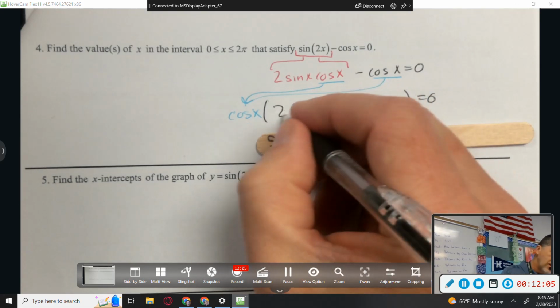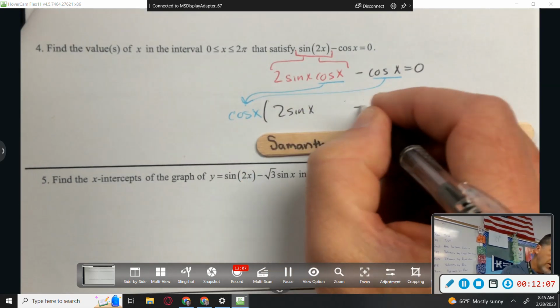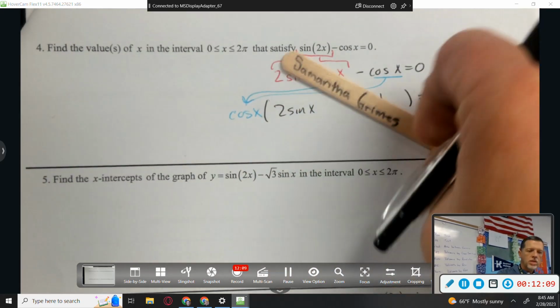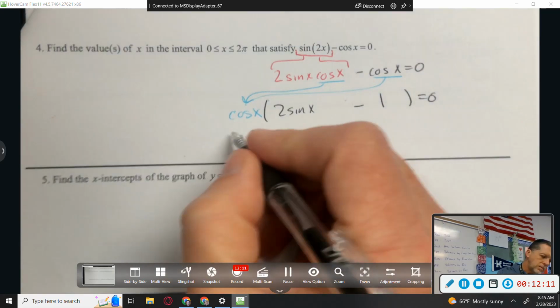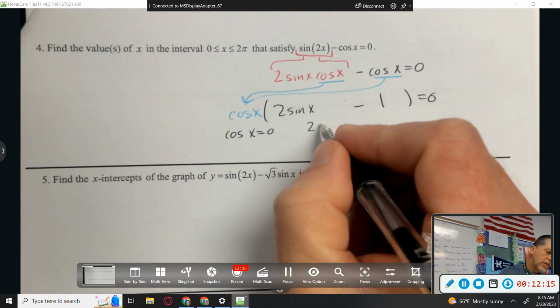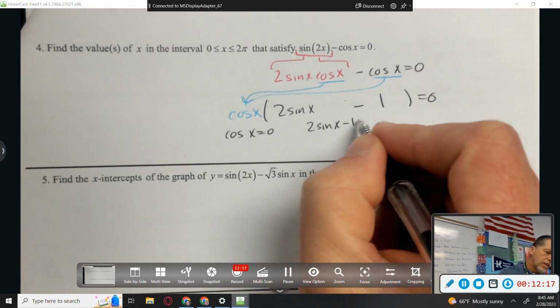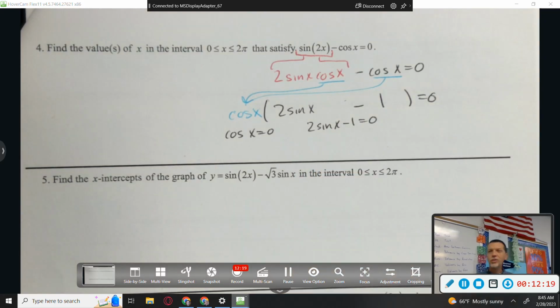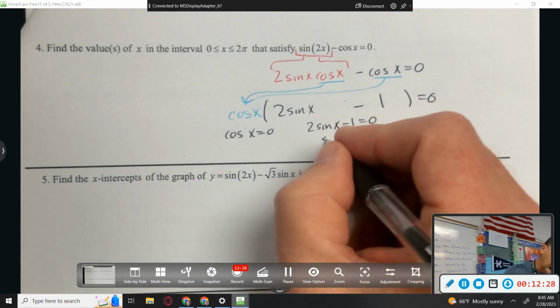Good. 2 sine x minus 1. So cosine equals 0. Yes, good. 2 sine x minus 1 equals 0. Many of you are just skipping that step and jumping straight to sine of x equals a half, because you see what's happening here.